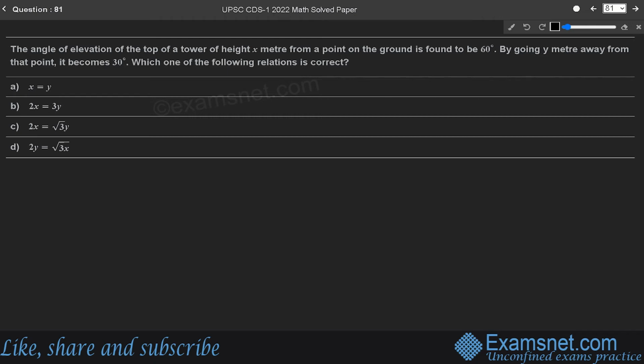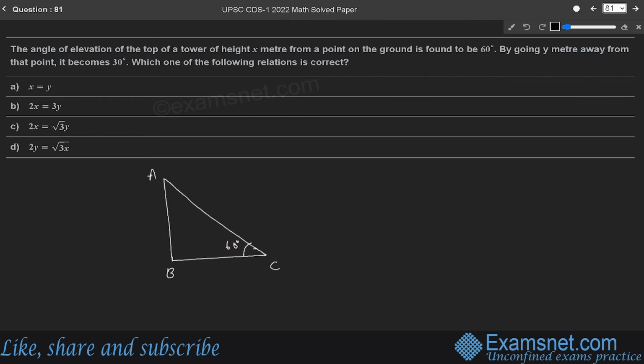It is given in the question that the angle of elevation of the top of a tower of height x meter from a point on the ground is found to be 60 degree. So let us make the required diagram for this. According to the question, this is A, B and C and this is angle 60 degree.